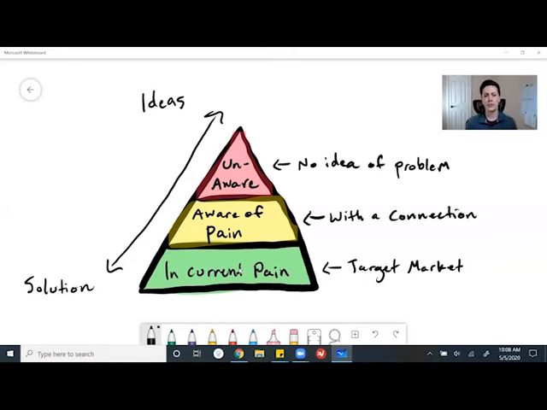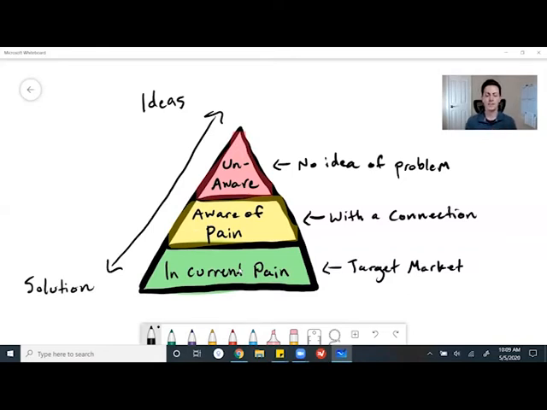Now, if you think about this in terms of solving a problem, we're creating a solution to solve a problem. You want to be solving a problem that people actually have. And if enough people have this problem, and if it's a pressing enough problem that they need a solution, I promise you, you are not the only person thinking of ways to solve that problem.